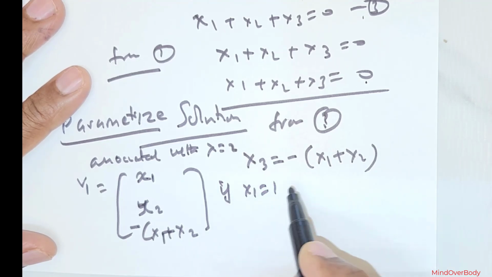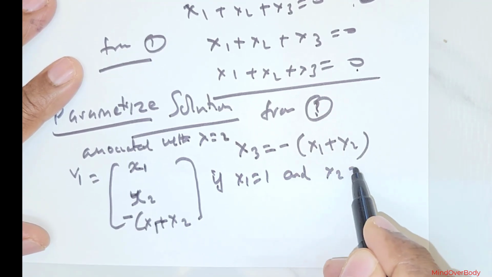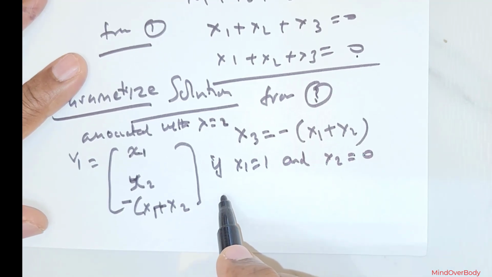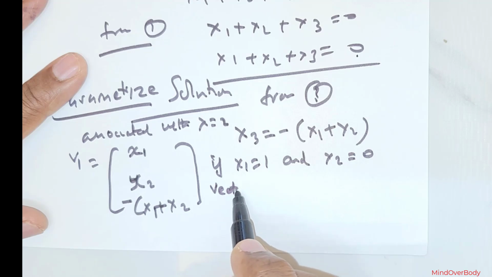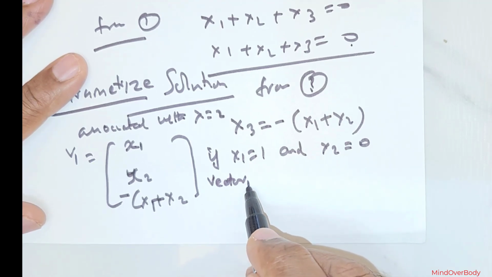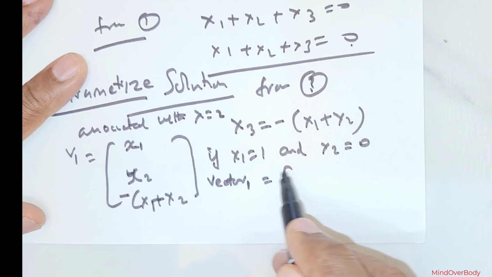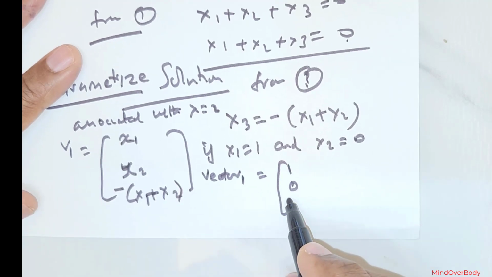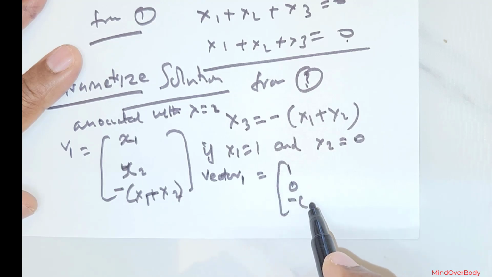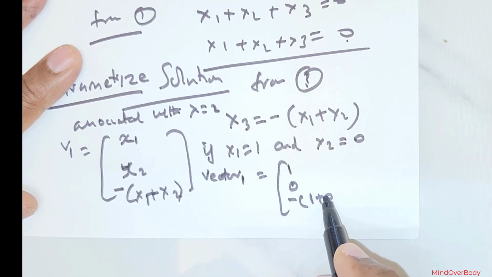So if x1 is equal to 1 and x2 is equal to 0, we have a vector. So what is the vector? Let me call that vector 1, where x1 is 1, x2 is 0, and x3 is going to be negative of x1 plus x2, so that's going to be negative of 1 plus 0.